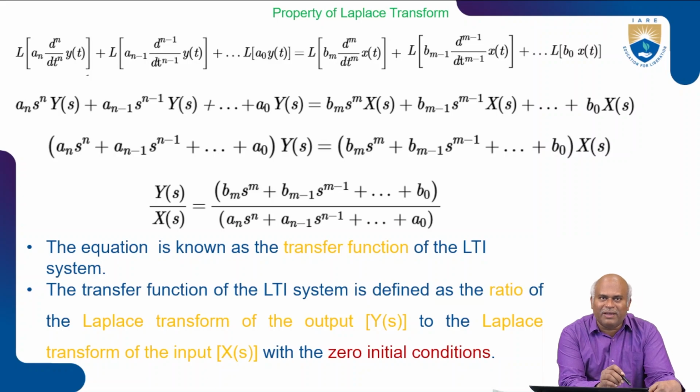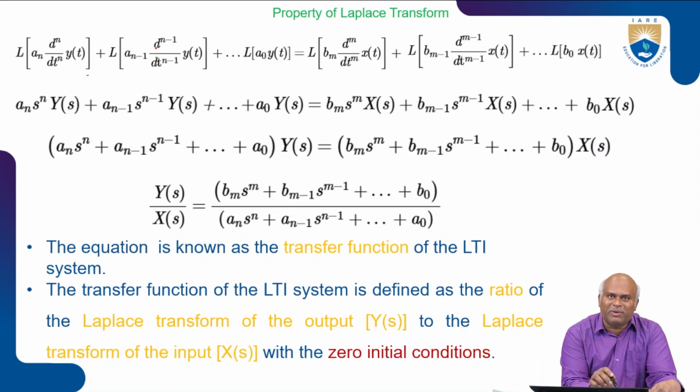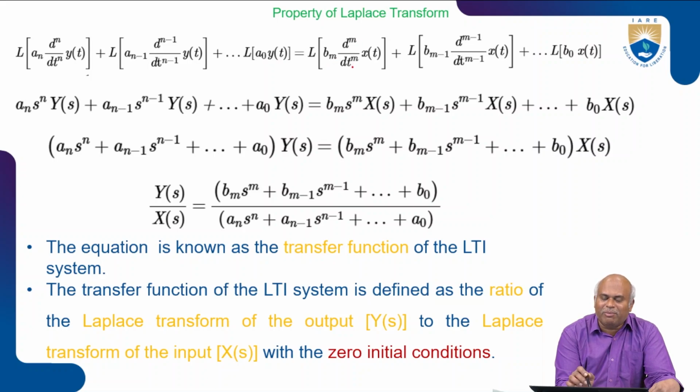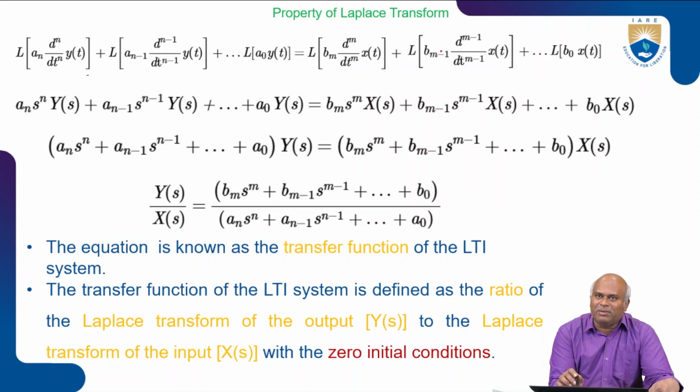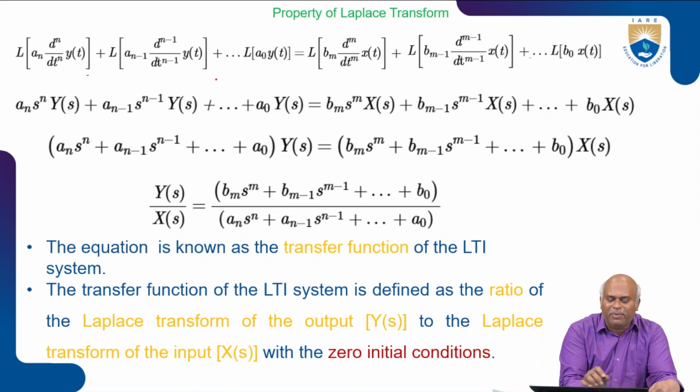The Laplace transform of a_n d^n y(t)/dt^n plus the Laplace transform of a_(n-1) d^(n-1) y(t)/dt^(n-1) plus the Laplace transform of up to a0 y(t) is equal to the Laplace transform of b_m d^m x(t)/dt^m plus the Laplace transform of b_(m-1) d^(m-1) x(t)/dt^(m-1) up to b0 x(t), we make direct.